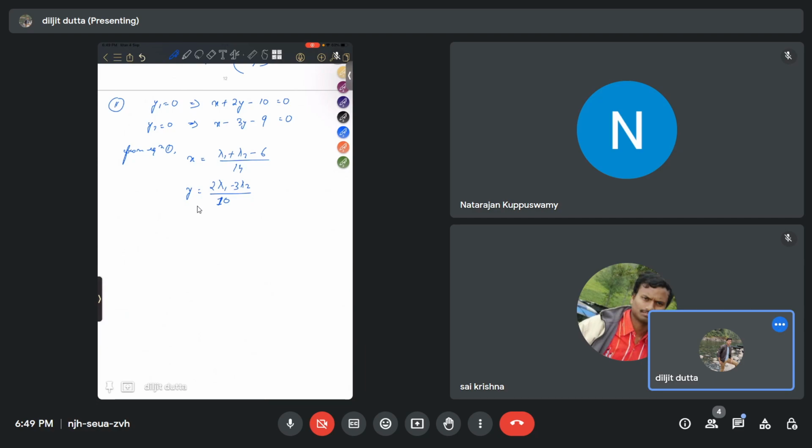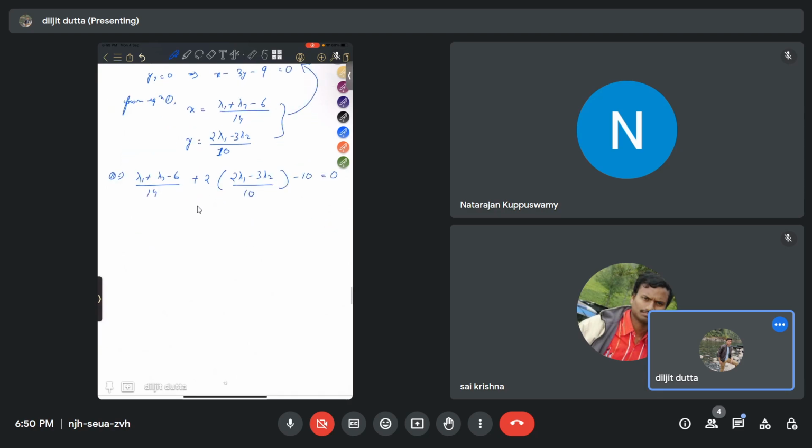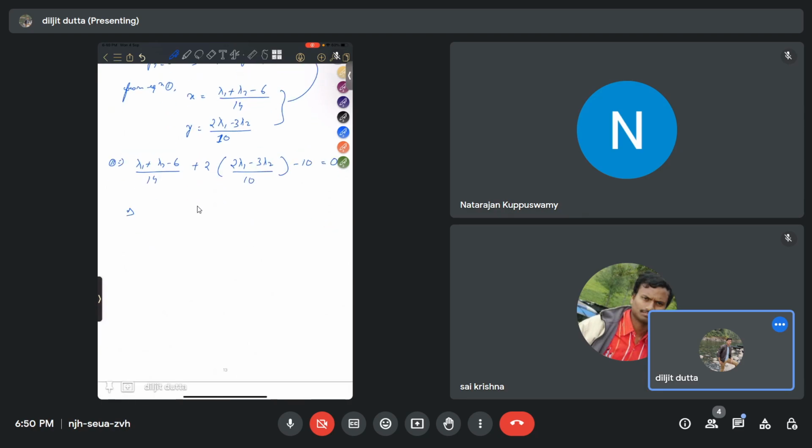We will substitute these values in the constraint equations. So it will be lambda 1 plus lambda 2 minus 6 divided by 14 plus 2 into, taking 10 lambda 1 plus 10 lambda 2 minus 60.